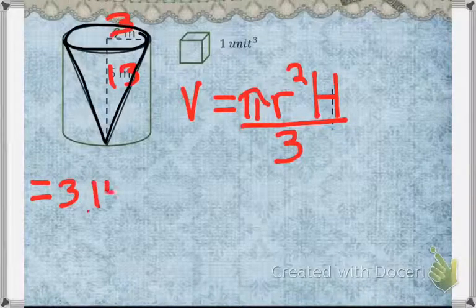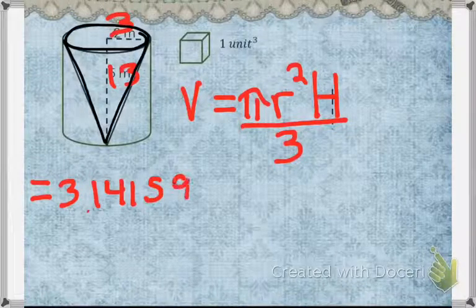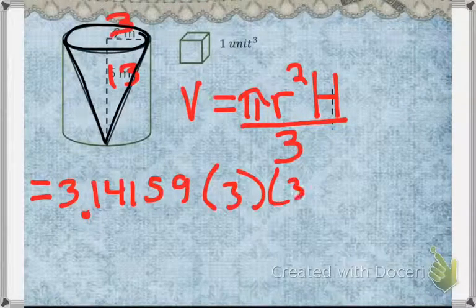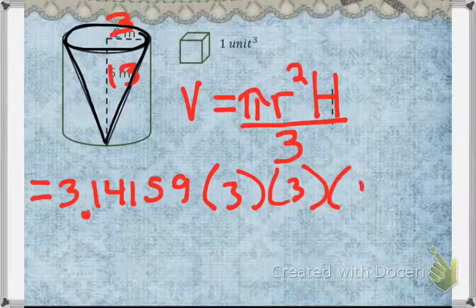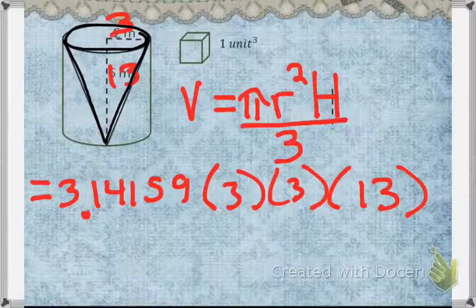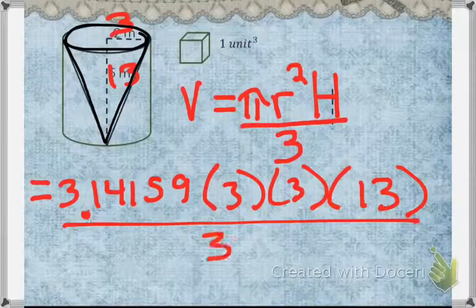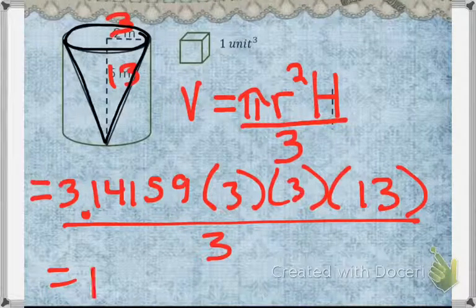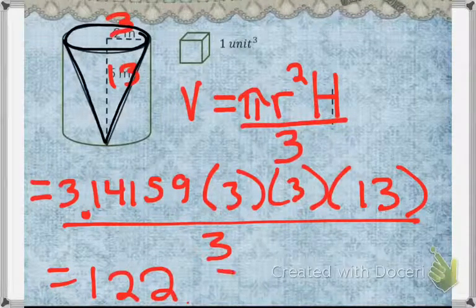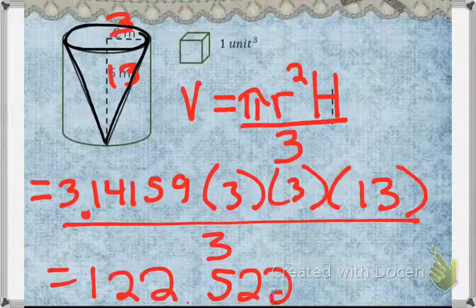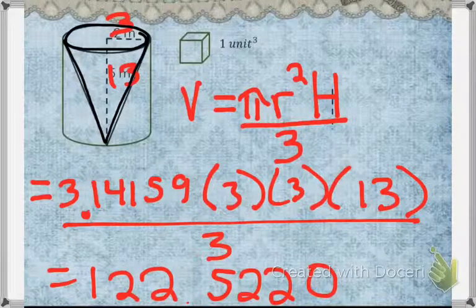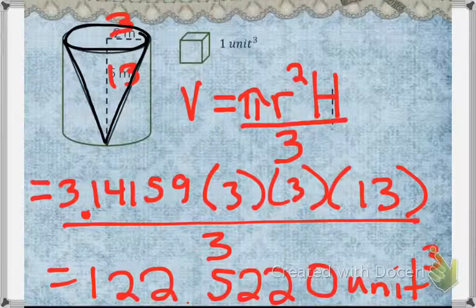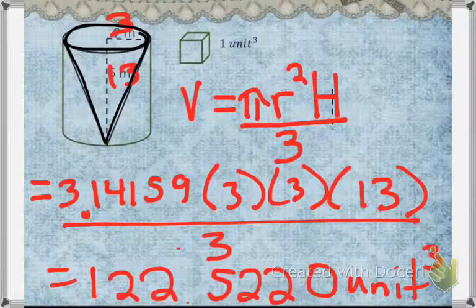So 3.14159 times my radius squared times the height of the whole thing divided by 3 is going to give me 122.5220 units cubed for my volume.